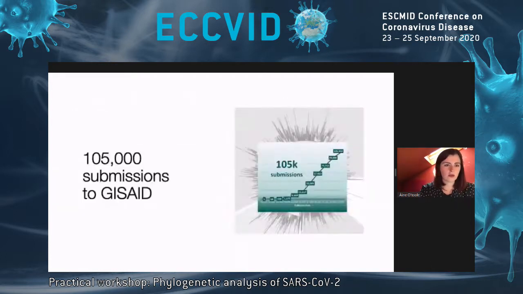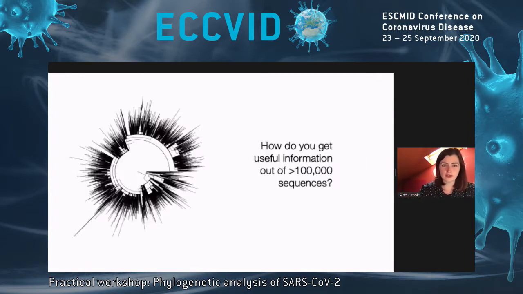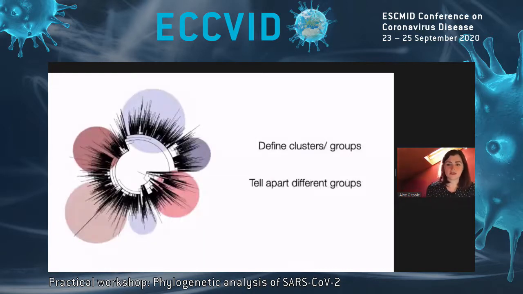But because we've got 105,000 submissions to GISAID, how do we get useful information out of those sequences, out of over 100,000 sequences? On the most simple terms, you need to define different clusters or groupings, and then you can begin comparing these different groups.